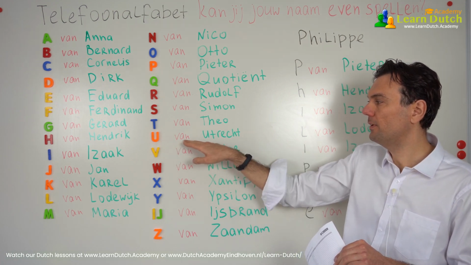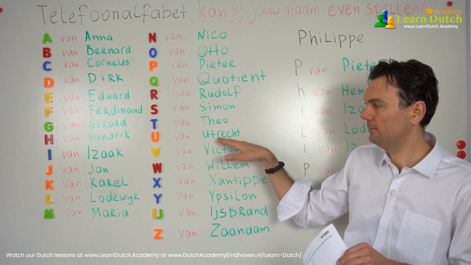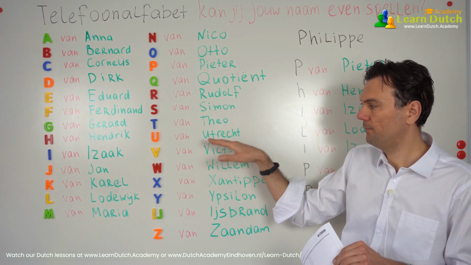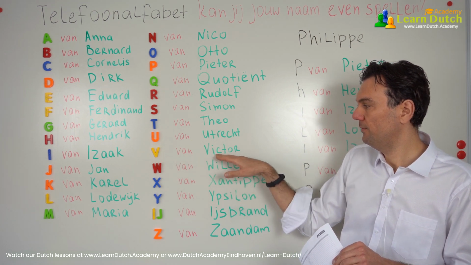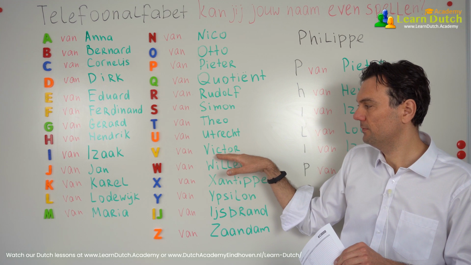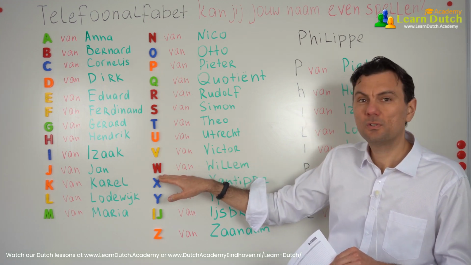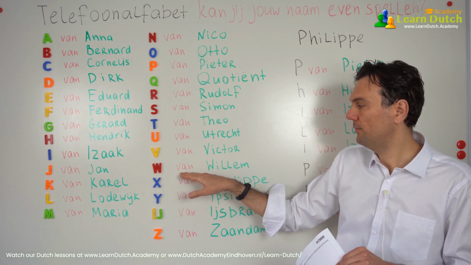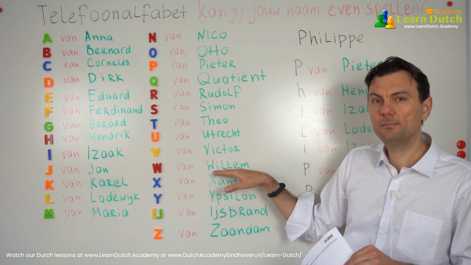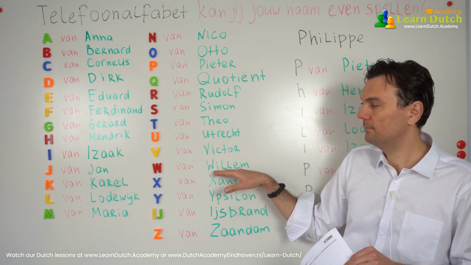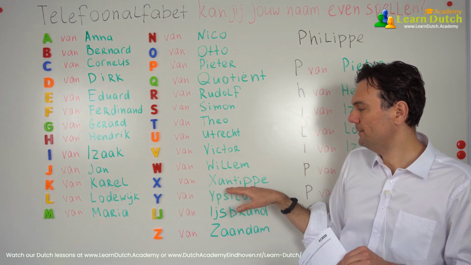U van Utrecht. V van Victor. W van Willem. X van Xantippe.